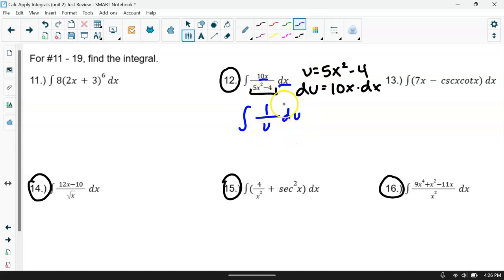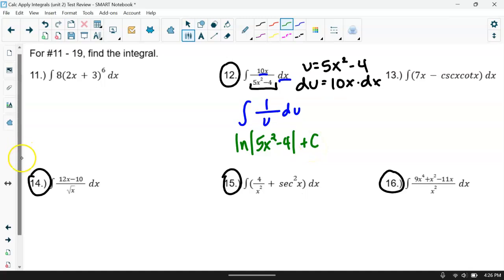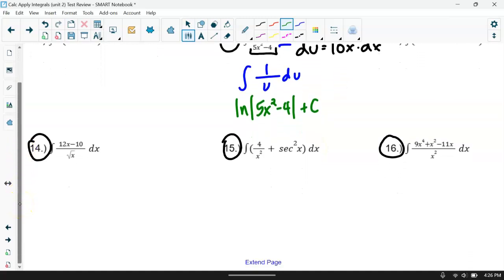What is the integral of 1 over u? Natural log of u. So that's why here we have the natural log of the absolute value of 5x squared minus 4 plus c.